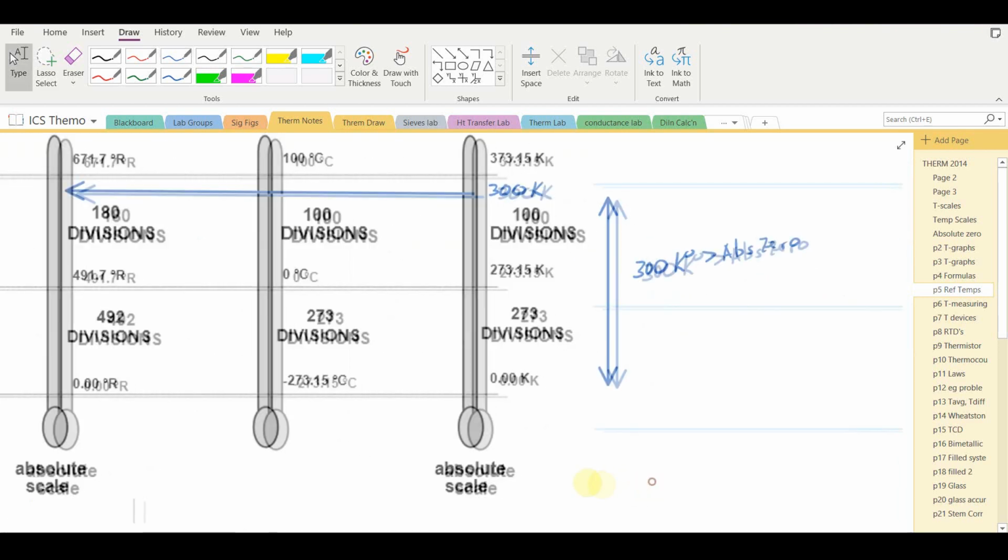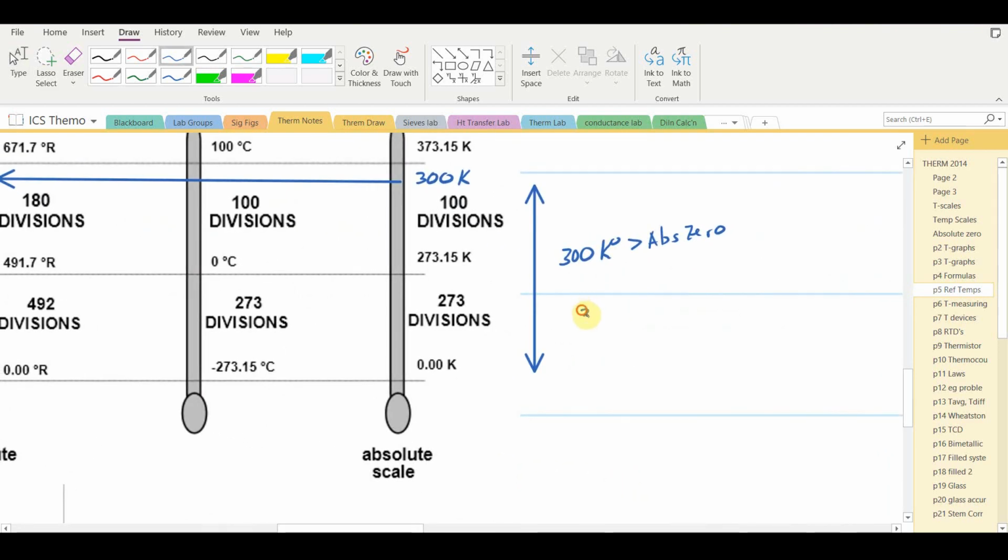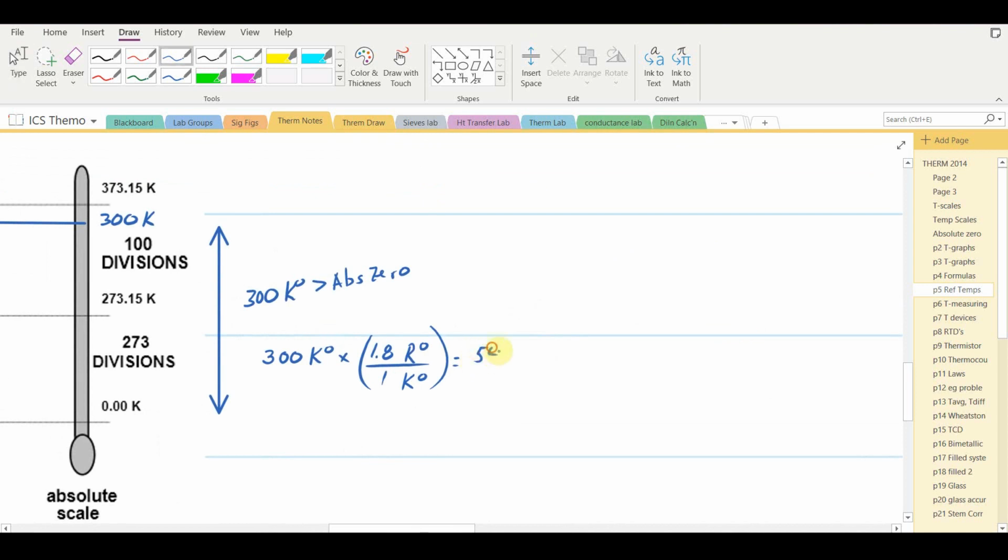So I can simply say 300 Kelvin degrees, convert Kelvin degrees to Rankine degrees. Recall, the Rankine scale is 1.8 times more sensitive. So we multiply by 1.8, and we get 540 Rankine degrees above absolute zero.